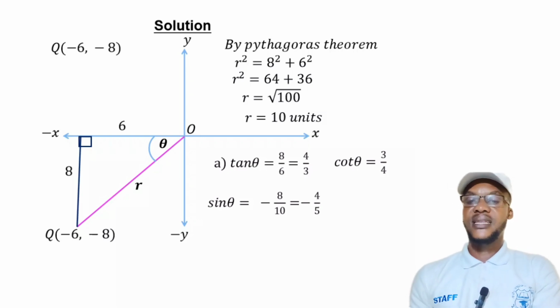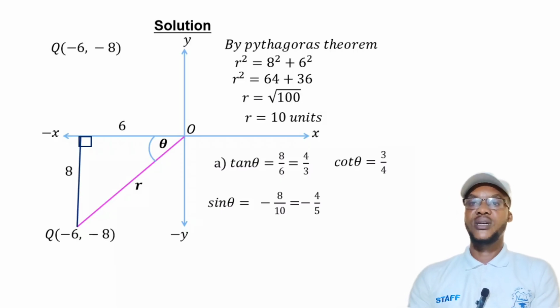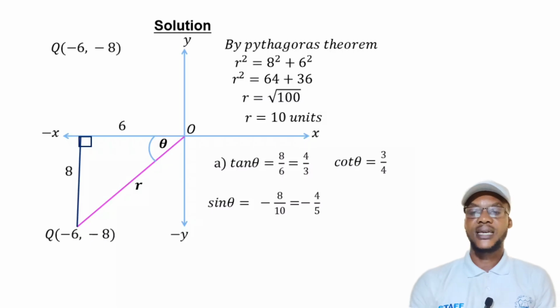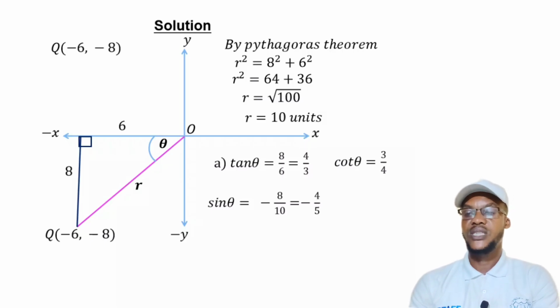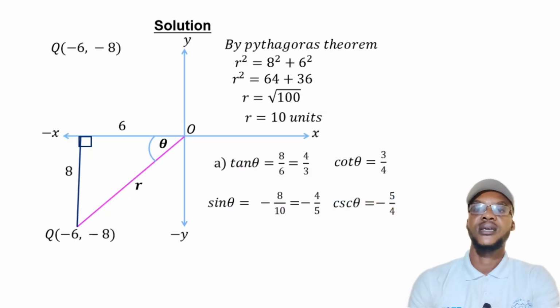Because sine is negative, as I said, we are not playing at the home of sine, we are playing at the home of tangent. So apart from tangent, the rest of the trigonometric functions are all going to be negative. That's why sine is also negative. And its reciprocal, which is cosec, is also going to be negative. But this time, we'll reciprocate it. Have you gotten that? Yes, very, very interesting.